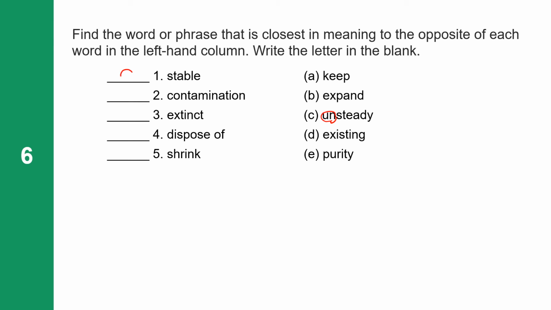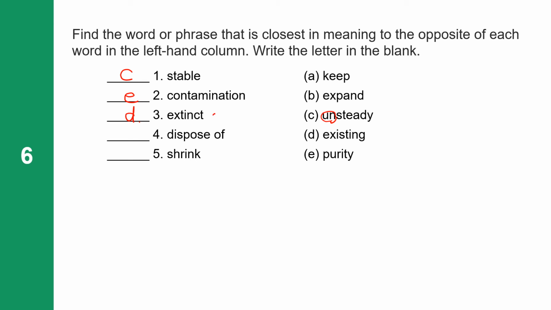So the answer is C, unsteady. Number 2. Contamination. Contamination is dirty, and then the opposite is going to be E, purity.